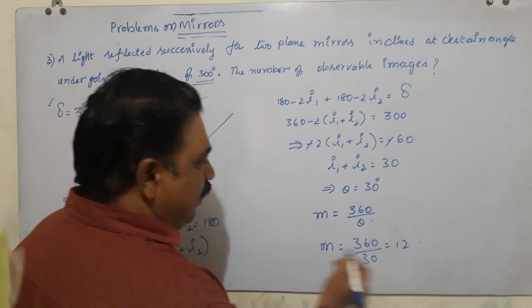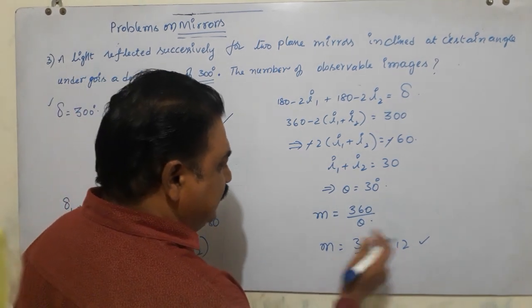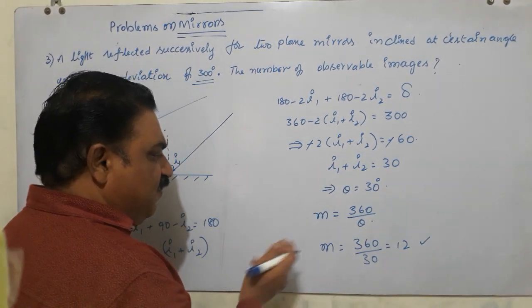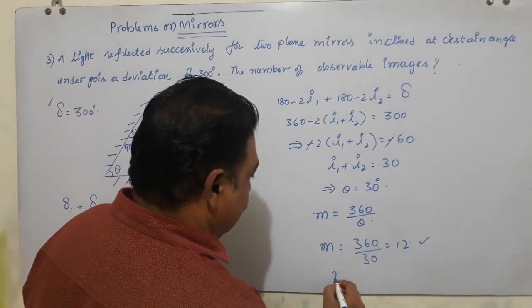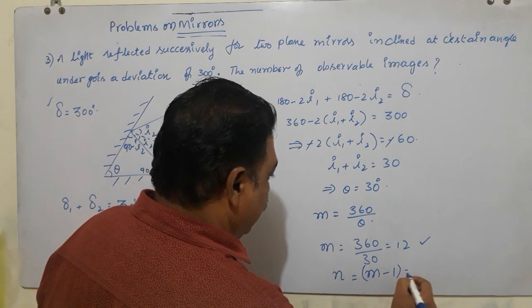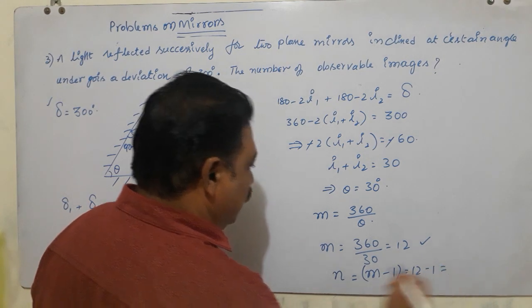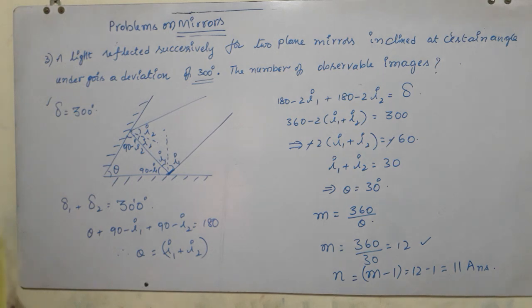See here, m is an even number. If m is an even number, for any position of the object between the mirrors, n should be equal to m minus 1, that is 12 minus 1 equal to 11. 11 should be the answer for this question.